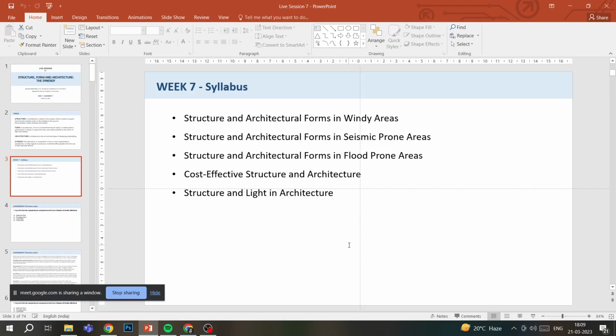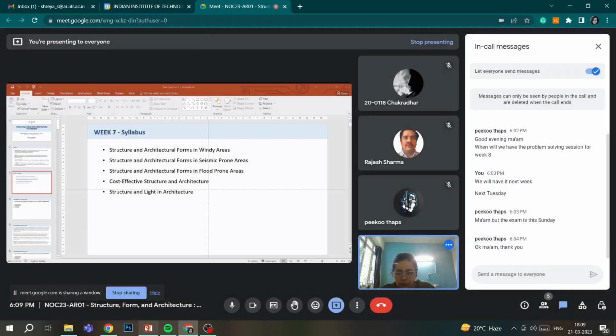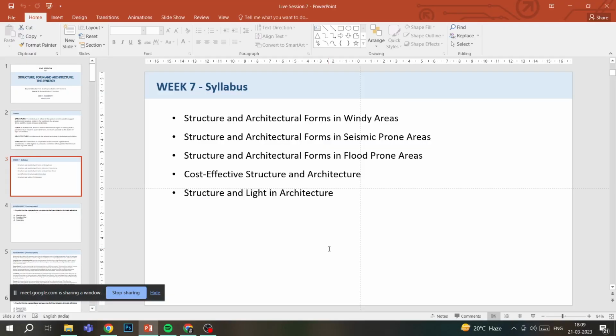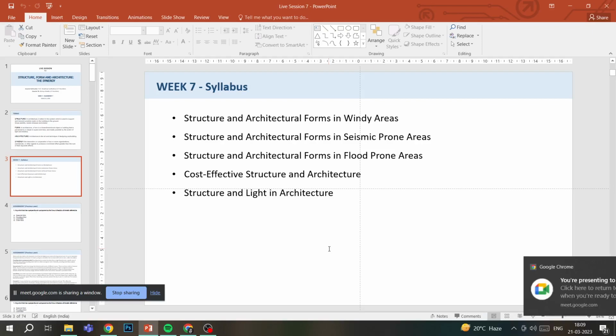Similarly, what is flood, what kind of load it exerts, and the damage that happens because of flood, the reasons for damage, and different kinds of destruction, what all happens. And then how flood affects different kinds of building components. For example, how it affects the foundation, how it affects the walls, how it affects the roof.